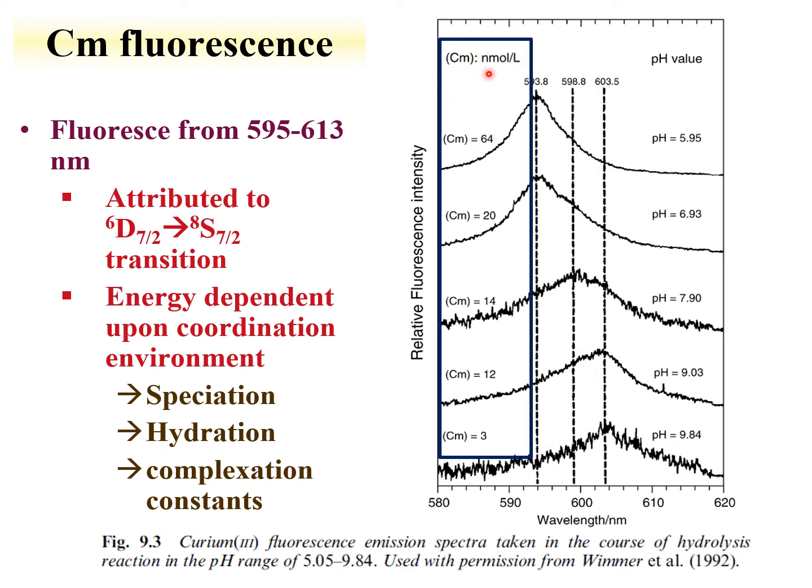The concentration is at nanomoles per liter. Due to the titration, the concentration of curium decreases throughout this experiment, and we can see a spectroscopic signature from curium from 64 nanomoles per liter all the way down to 3 nanomoles per liter. So this fluorescence technique is a very powerful tool to evaluate the speciation of curium in systems.